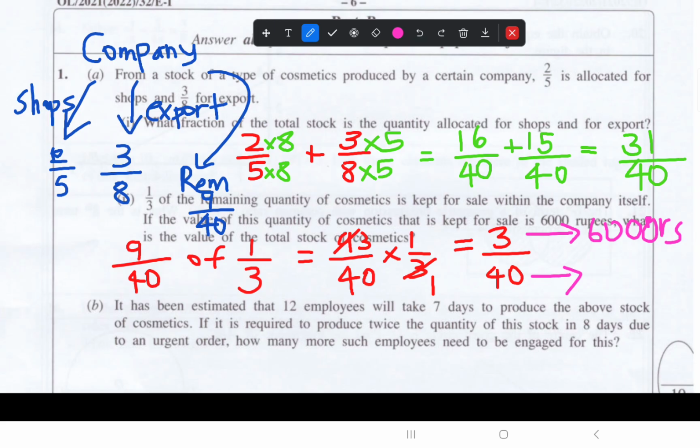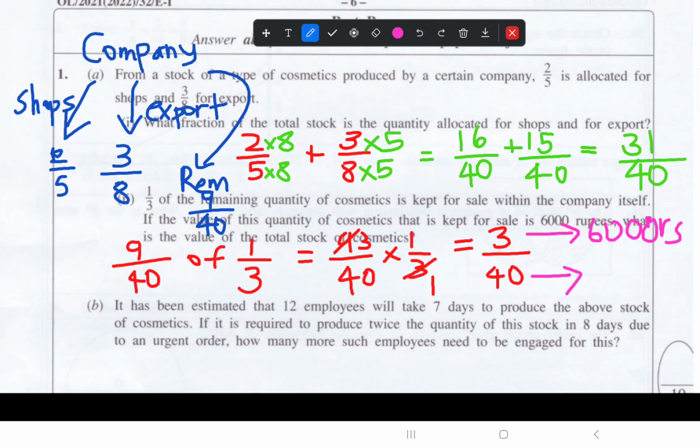This is like our previous one. Here we have to find the equivalent fraction or equivalent ratio. This 3 became 6,000. This is the portion kept for sale within the company, that will give you 6,000 rupees. So we have to find the total cost of these cosmetics in this company, that is our denominator.